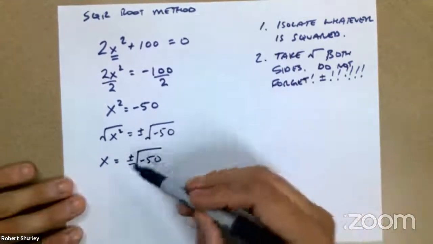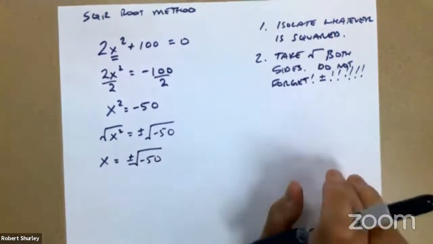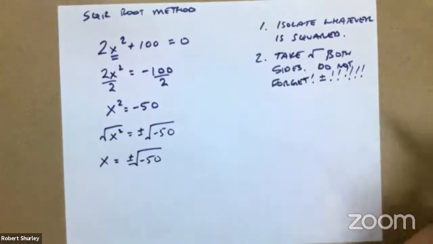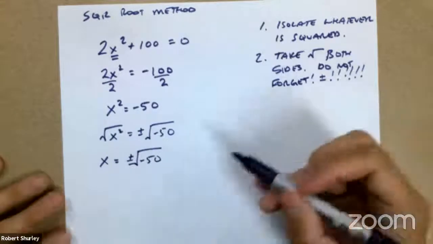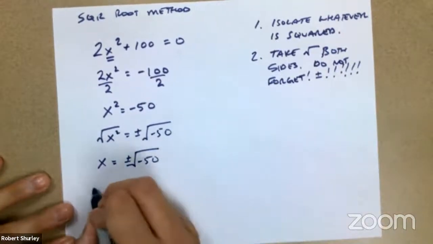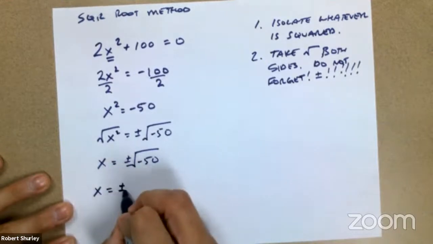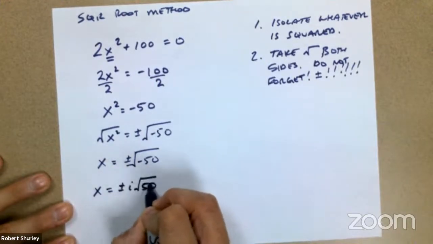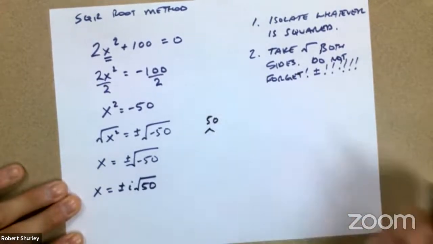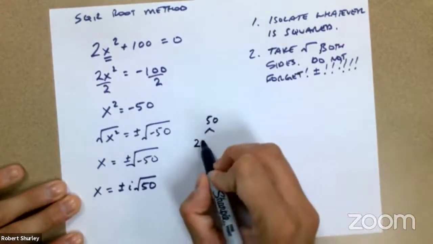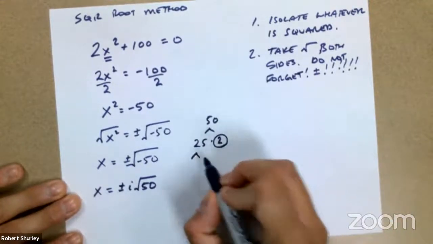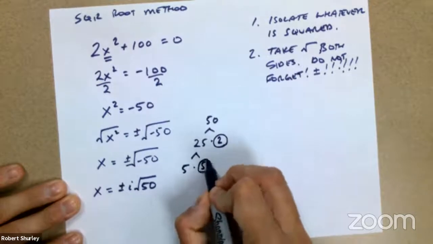We got to remember how to simplify these, right? So now it's going to turn into a review of simplifying radicals. I use the factor tree. I don't care how you do it, just do it, okay? First off, it's negative, so the very first thing I'm going to do is take an i out. It's an imaginary number. The 50, I break it down to 25 times 2. 2 is a prime number. 25 is not; 25 is 5 times 5.